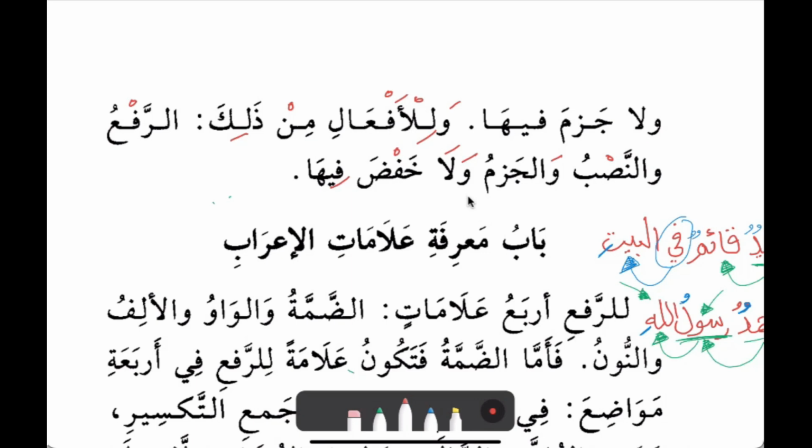The verb would never be in the genitive case. Genitive case is restricted to nouns. Jazm case is restricted to verbs. What's common between the verbs and the nouns then? Rafa' and nasb. Okay.